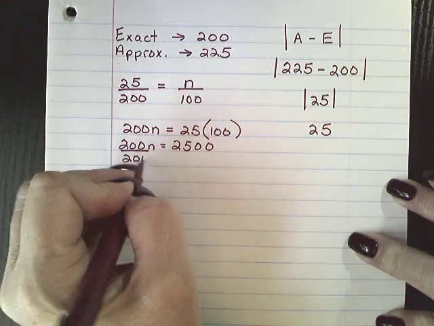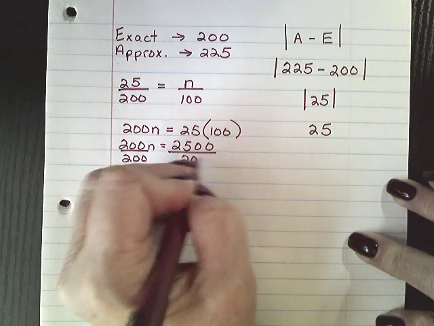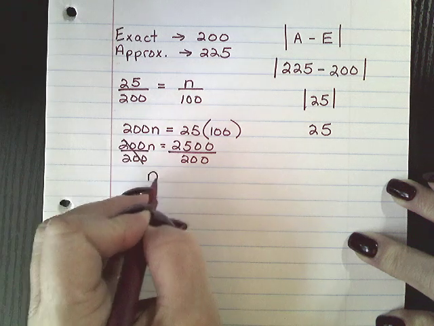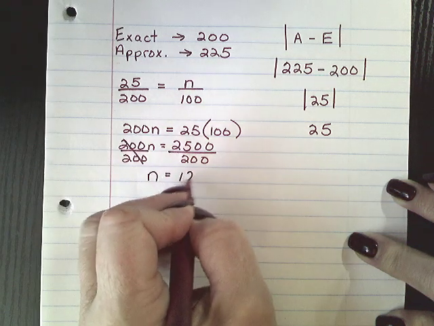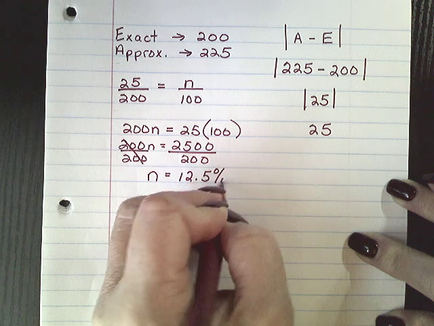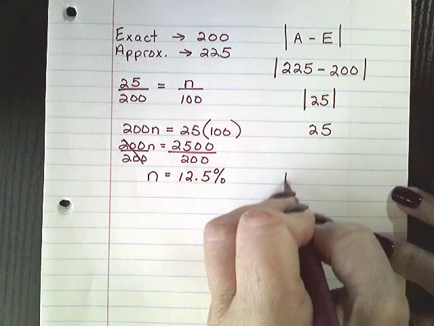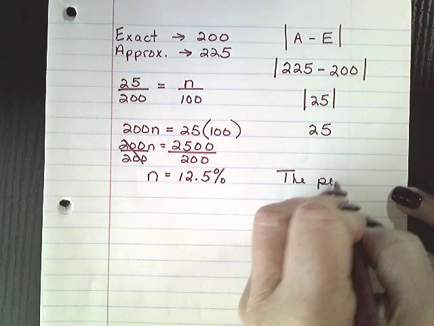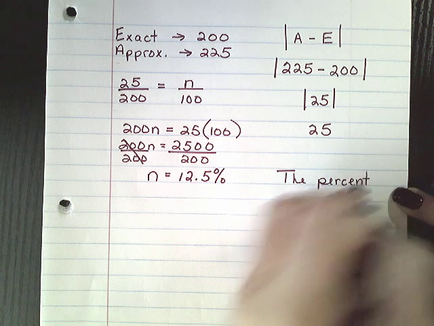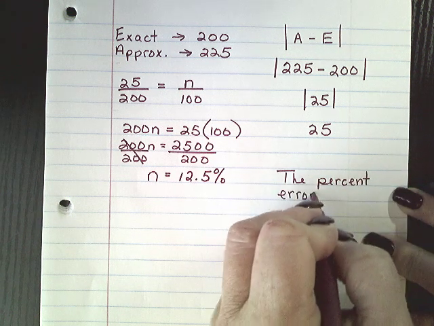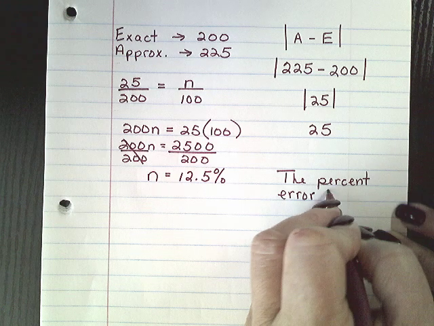Divide by 200. This is not new. You guys should know this by now. And that's going to be 12.5%. So the percent error is 12.5%.